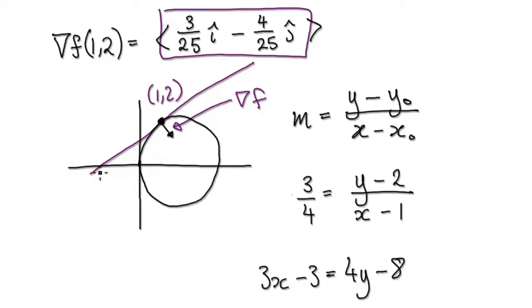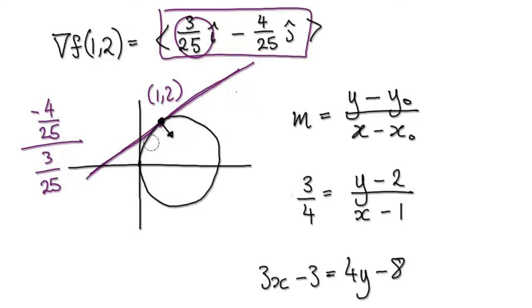If you want to know the tangent line, look at the gradient of grad f. The up and down would be negative 4/25, and then the across here would be 3/25, and so that's the gradient of grad f.